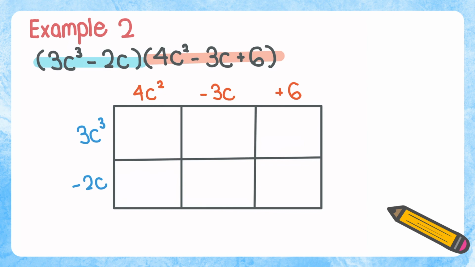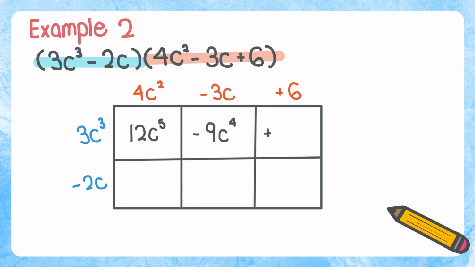Okay, and then I'm going to start multiplying them out. So 3c cubed times 4c squared is 12c to the power of 5. Wow. Then 3c cubed times negative 3c, that's going to be a negative 9c to the power of 4.